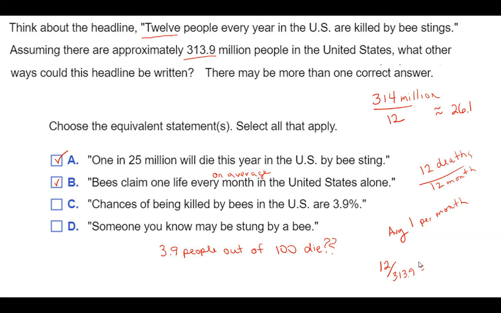It is, but that's not right because this is 313.9 million. So it's much, much smaller. This is clearly inappropriate. Someone you know may be stung by a bee. Well, that's true, but that doesn't equate to that headline that 12 people every year in the United States are killed by a bee sting. So both of these are clearly not equivalent.